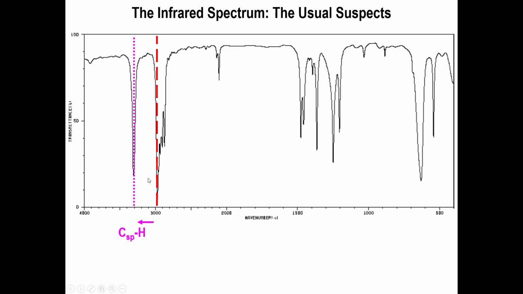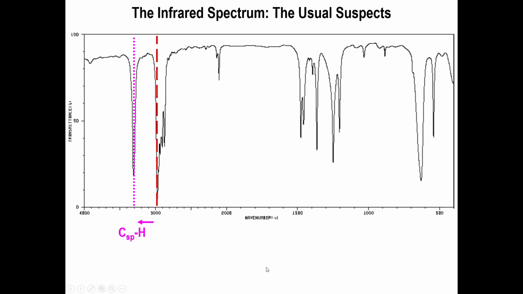And if you have a peak that shows up roughly at 3300, that's your CH peak to an sp carbon, which basically will tell you that you probably have an alkyne present in this particular molecule.